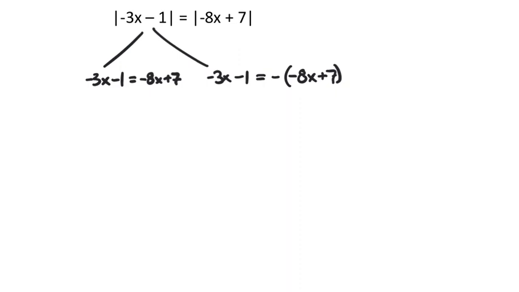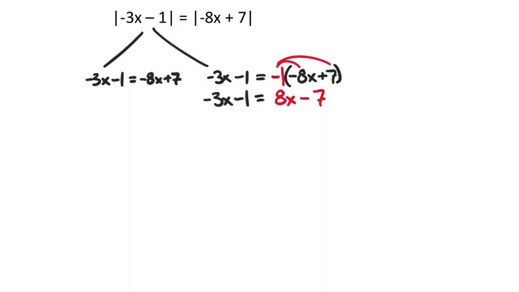In fact, let's do that right now, because the way I have it, you'd be distributing a negative 1 into the parentheses here, right? Negative 1 times negative 8x would be 8x. See how it changed the sign? And negative 1 times positive 7 would be negative 7. So it just changed the signs there, but it does not do anything to the first equation, all right?